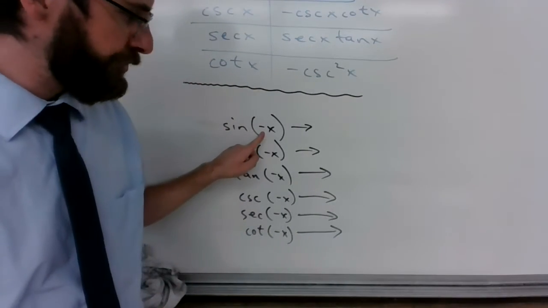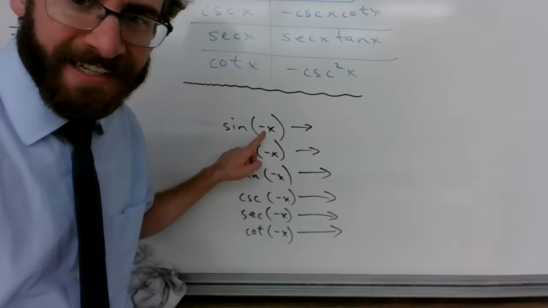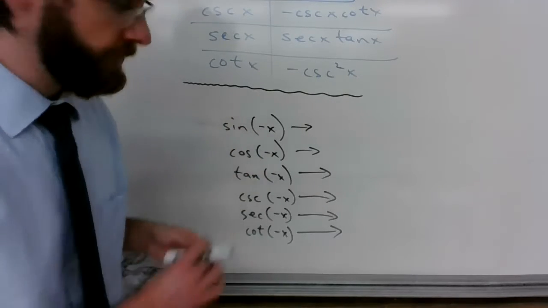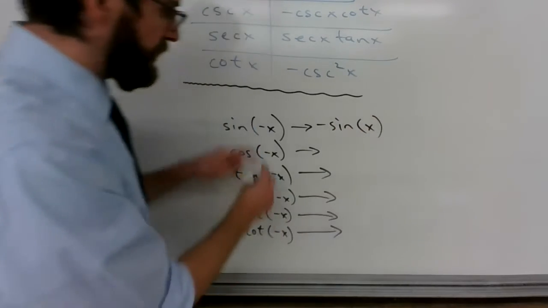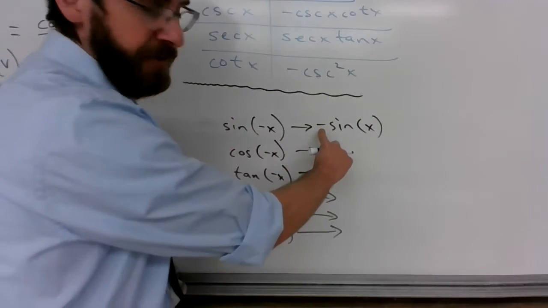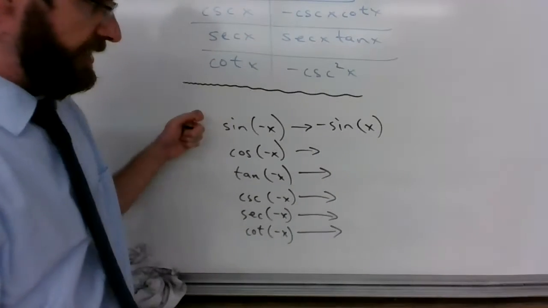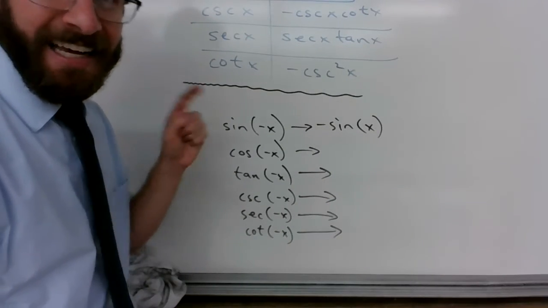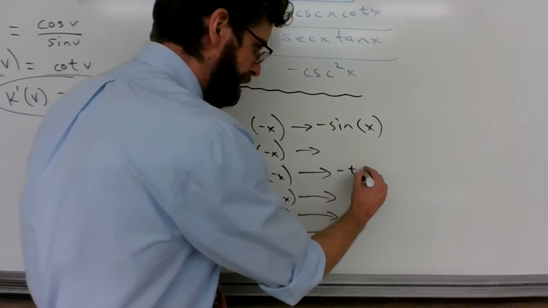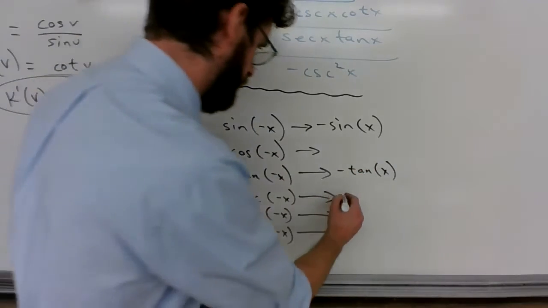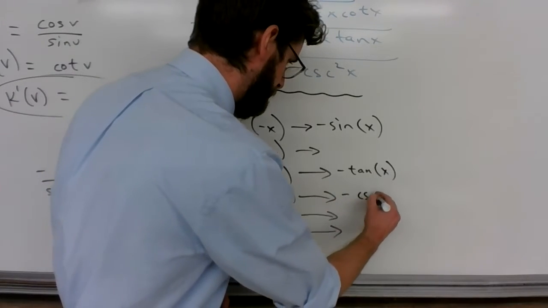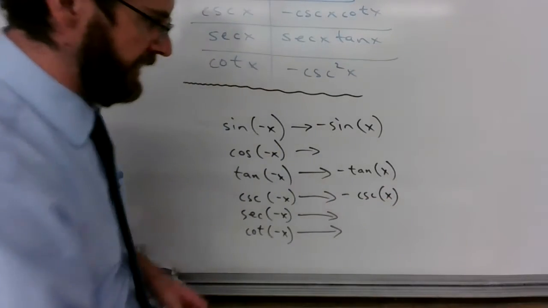All right, so odd functions are ones in which when you plug in a negative x for a normal x, it makes all the y values negative. So a negative x value makes the y value negative. That is a true statement for sine. And it's also true for tangent. It's also true for cosecant and cotangent.